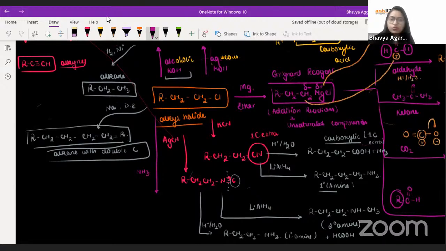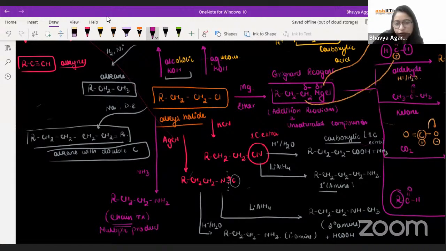Yes, true. But the problem with this reaction is that it is a chain reaction, so you'll get multiple products and the yield decreases. So it's not a very wonderful process.